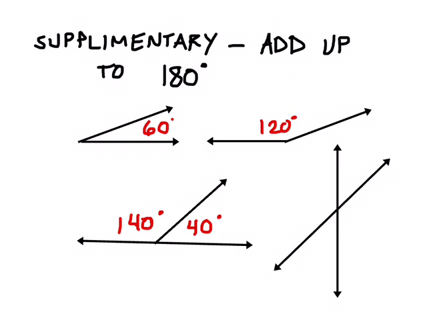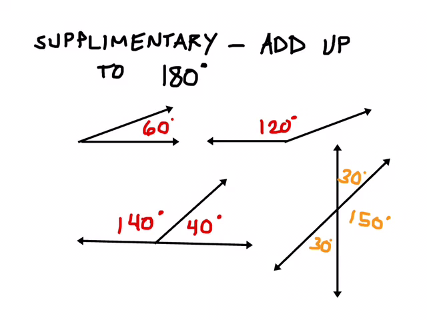So when these two lines cross, not only do they make two sets of vertical angles like we talked about a minute ago, but they also make sets of supplementary angles. So if I know, for example, that this angle is 150 degrees, I know that the two angles that are next to it along either of those straight lines must be 30 degrees, because again, that would add up to 180.